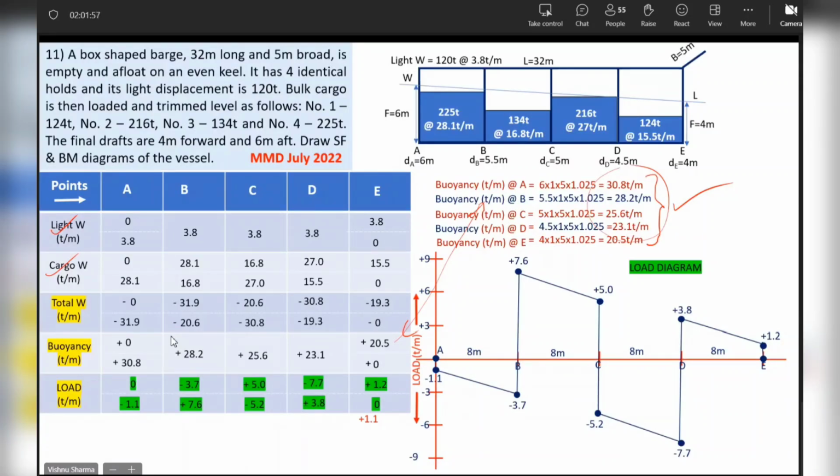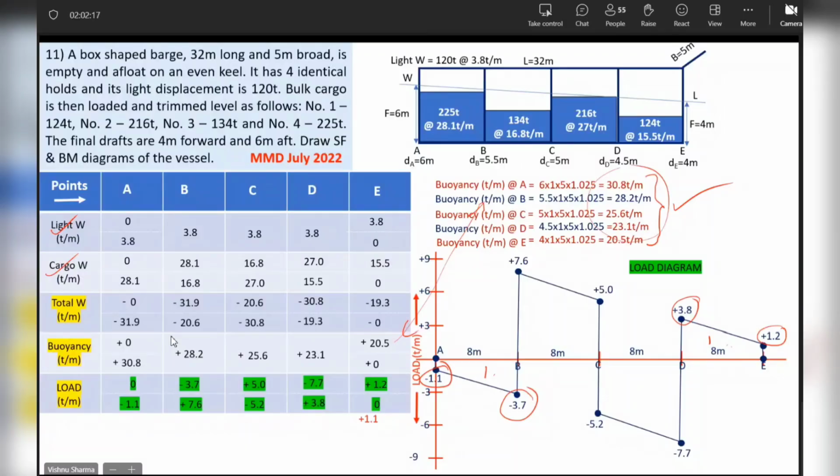Now guys, one thing before I go, I want to point out is, you see this trapezium and this trapezium. This side is 3.7, this is 3.8, this is 1.1, this is 1.2. These are actually the same. They are coming because of rounding off issues.